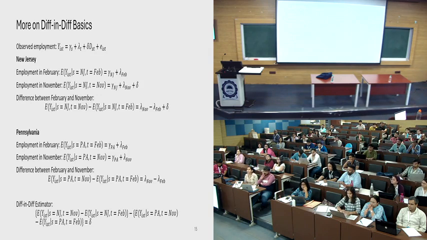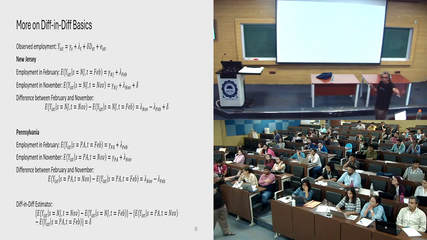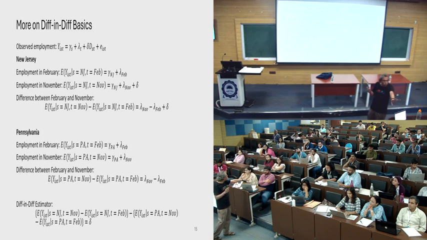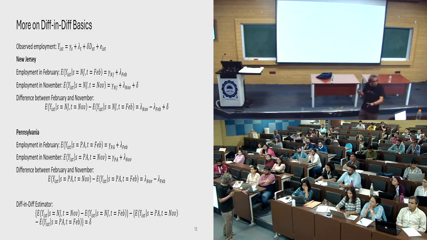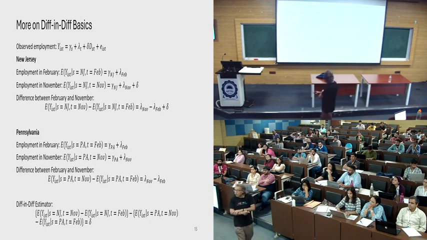And I basically start substituting each one of the values, employment in February, employment in November, and then I calculate the difference between February and November for New Jersey, where the policy took place. I repeat the same exercise for Pennsylvania.